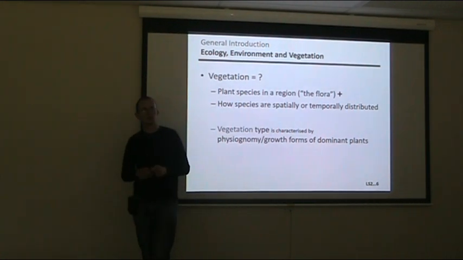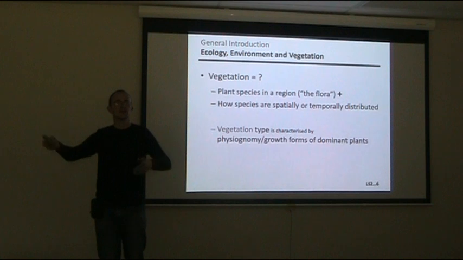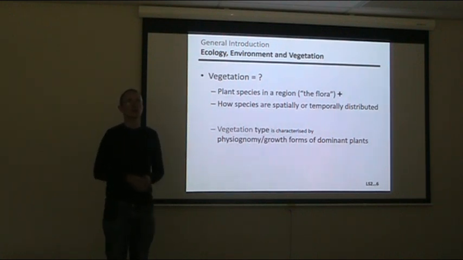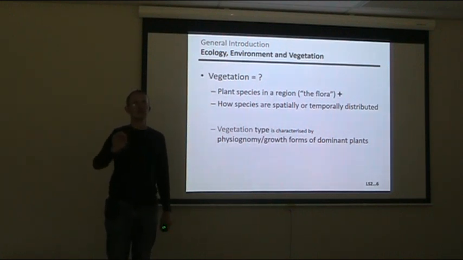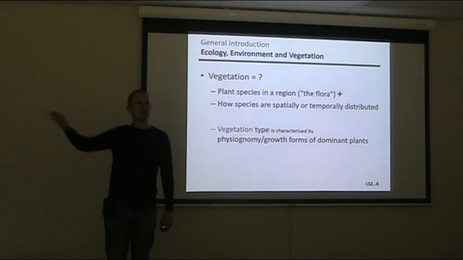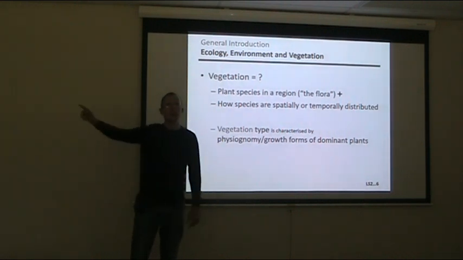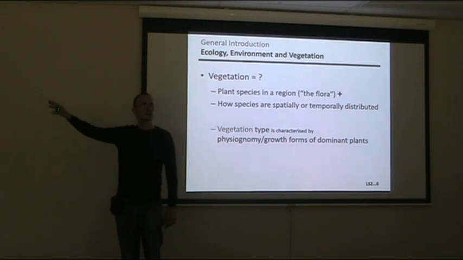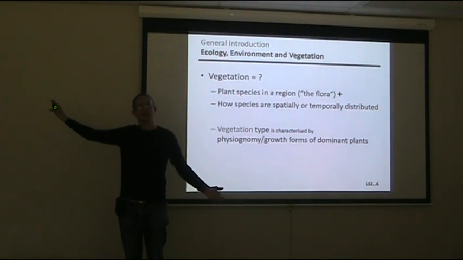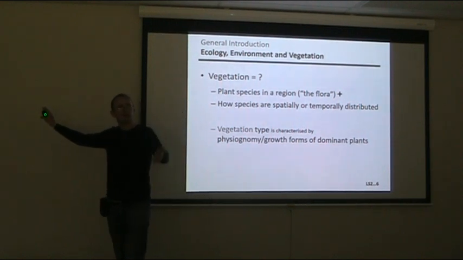Now, just remember that normally we think of vegetation as being the flora of a region. So we'll talk about this vegetation on the reserve. But if I talk about a vegetation type, say dune fynbos, the flora here, that species list might be completely different to the same dune fynbos in the Western Cape, say on Table Mountain National Park.